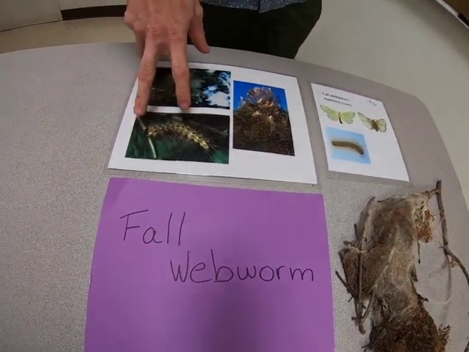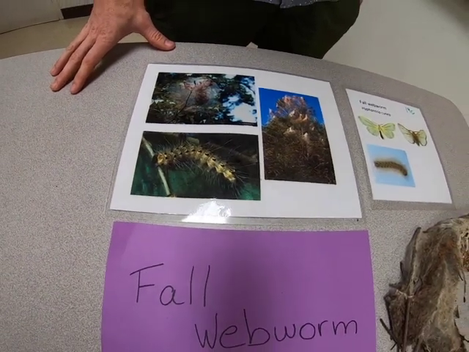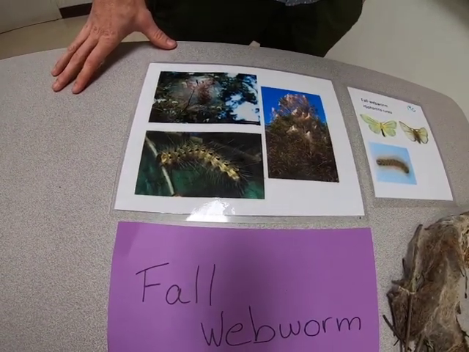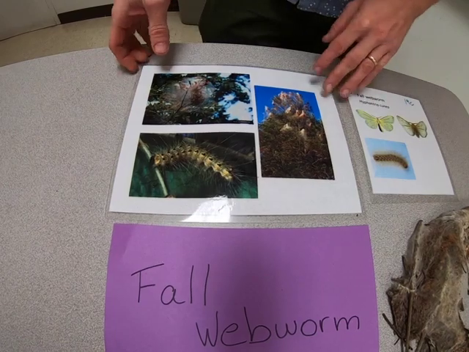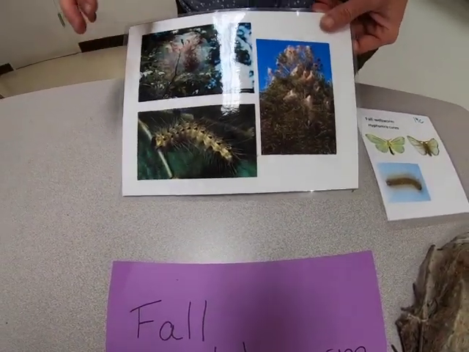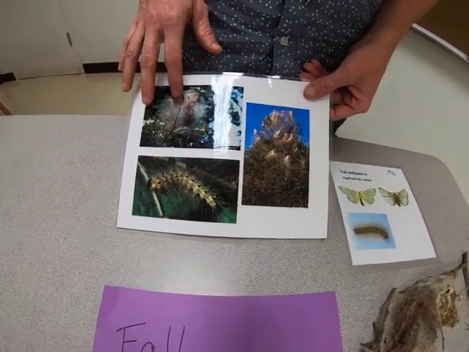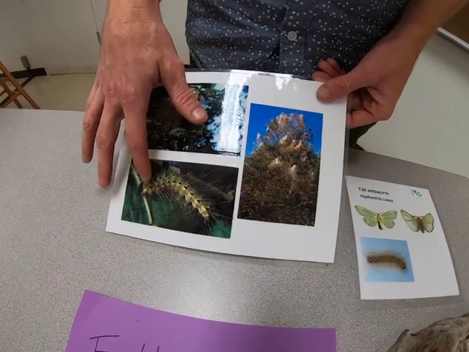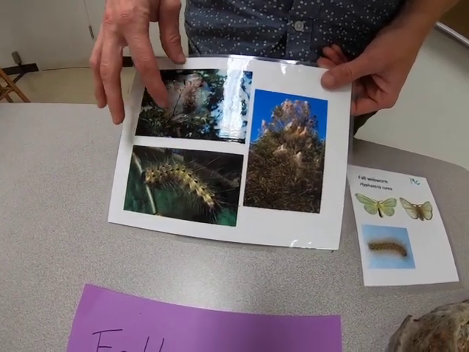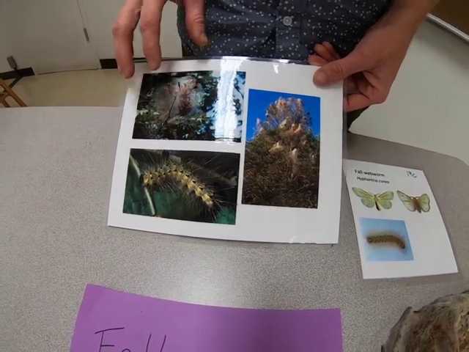It's literally a caterpillar, has different stages, and it produces large amounts of webbing late in the summer or early fall. It produces these masses of webbing material near where these larvae are feeding, and they will do a lot of defoliation on the ends of branches.